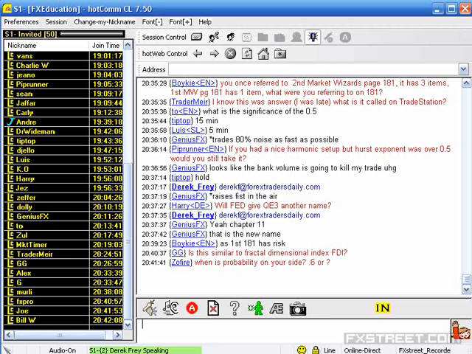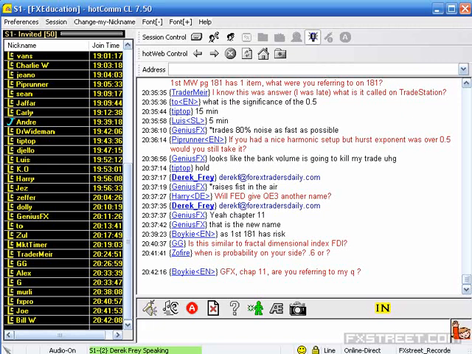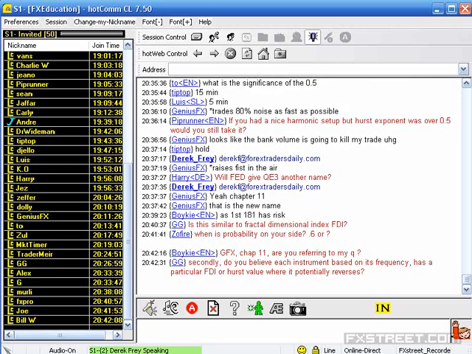Fractal dimension is actually trying to calculate the shape of the fractal at that moment, because that's what fractal dimension really is. It's a shape. So it's a little different, but in practice, the way you can use it is pretty similar, yes.